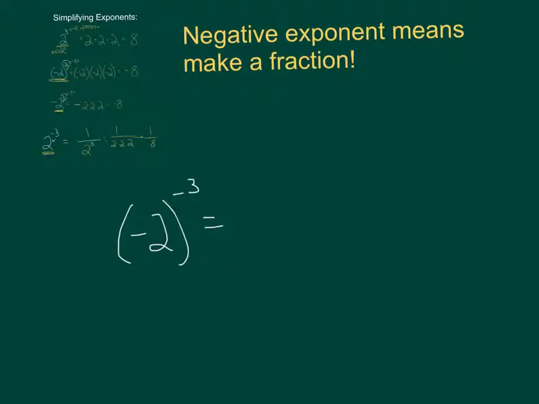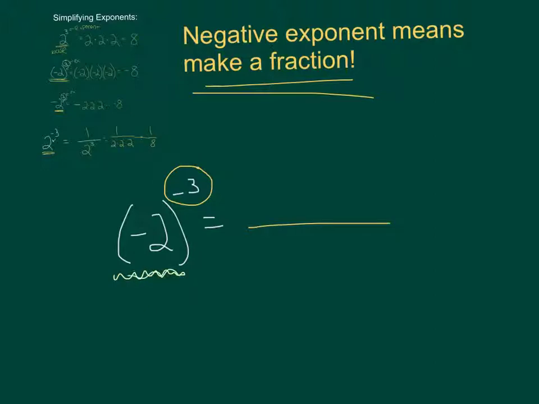The last example I want to go over with you is negative 2, in parentheses, to the negative 3. Okay, so this negative 3 exponent tells me to make a fraction, okay? And then my base, which is the whole thing, right? It's negative 2 in parentheses. That's what gets brought down to the denominator.